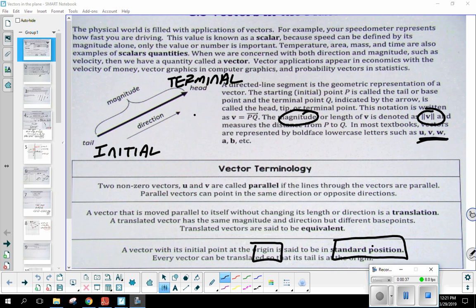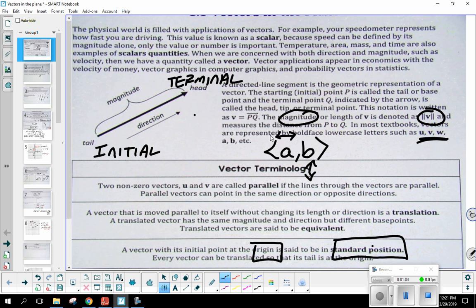But we've been talking about vectors, and one aspect of vectors we've been talking about quite a bit is that component form. It looks and acts just like an ordered pair, but we know it's a vector because of those arrows on either end. Remember, a represents the horizontal distance. It moves you left or right, while b is the vertical distance. That's going to move you up and down. And then we have some notation and vocabulary.